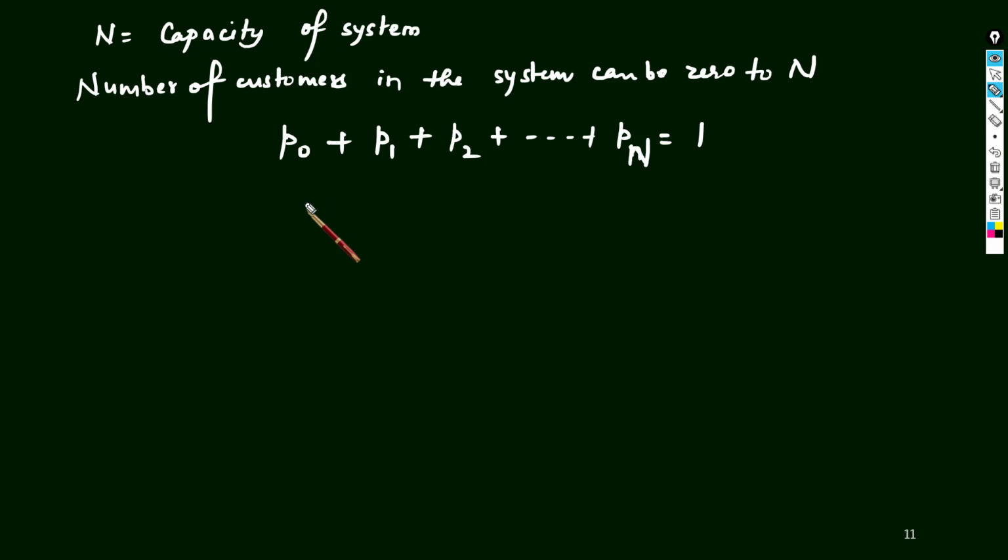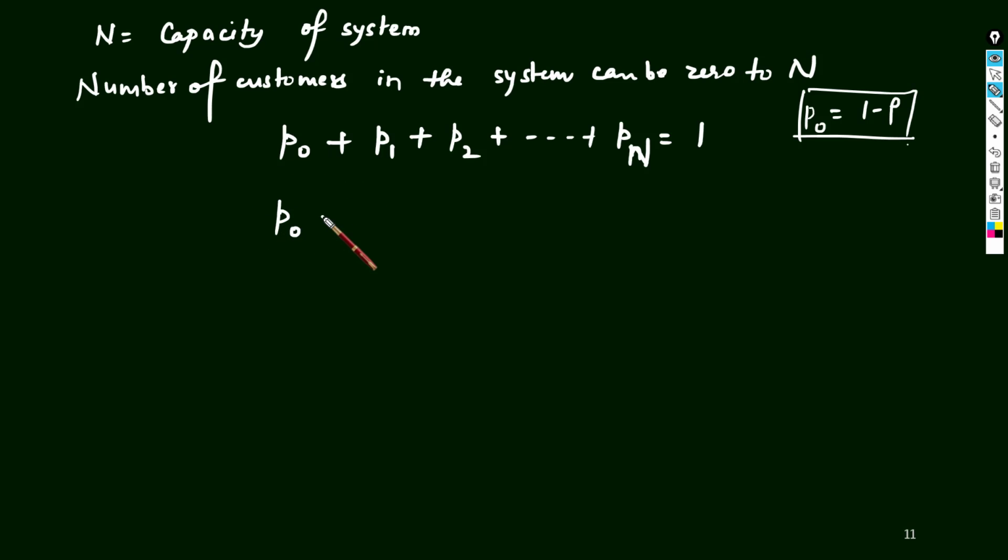Okay, I have made a mistake. The expression for P naught that I told, 1 minus rho, is not correct. That is for the infinite queue length model, but here the expression will change.